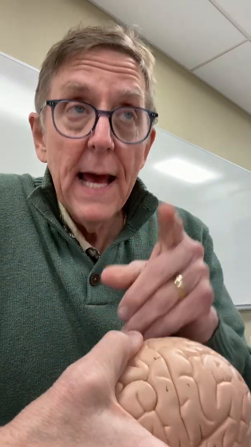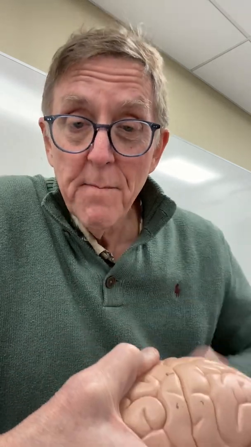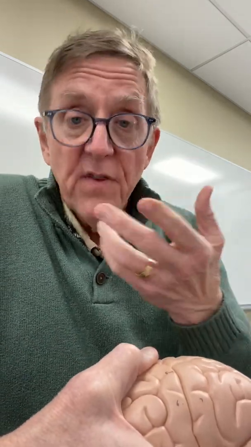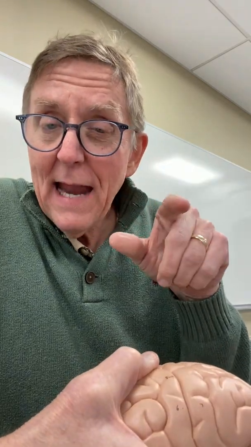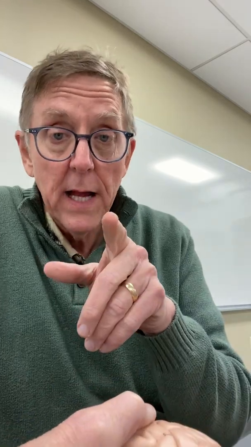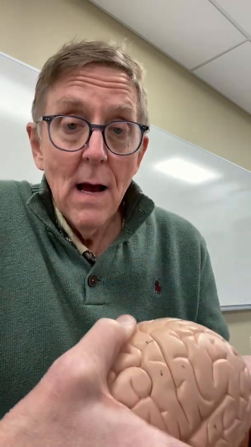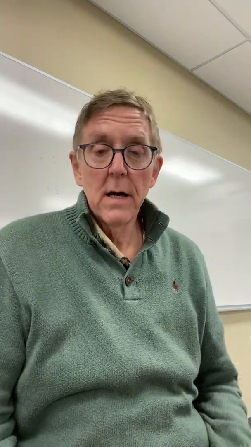The outer layer of the brain is what we call the cerebral cortex, and sometimes you'll hear it referred to as the neocortex. That is where we have a lot of neurons, the nuclei for the neurons, which allow us these deeper kinds of thoughts.